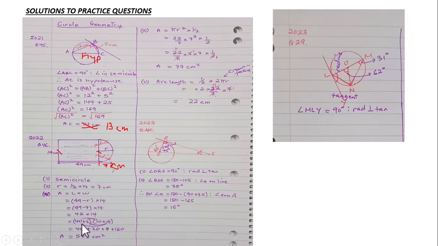So 40 times 10 is 400, 2 times 10 is 20, 40 times 4 is 160, 2 times 4 is 8, and when we add all of this up, we get an area of 588 square centimeters.